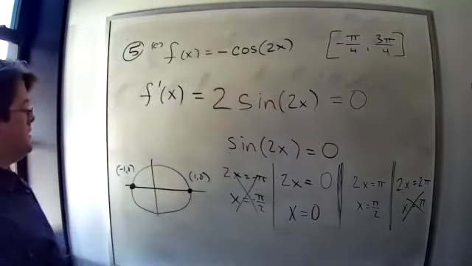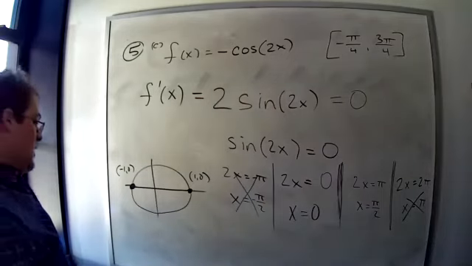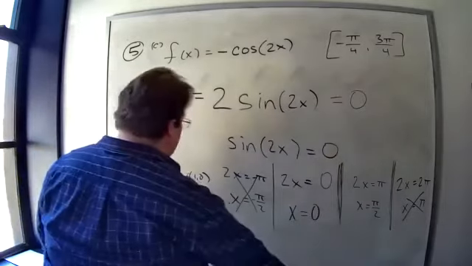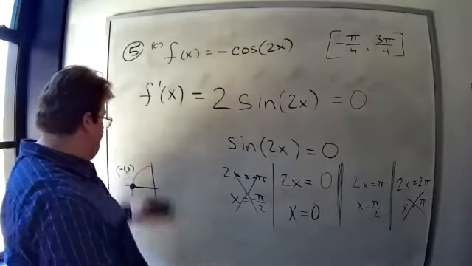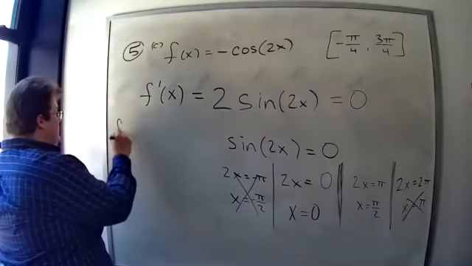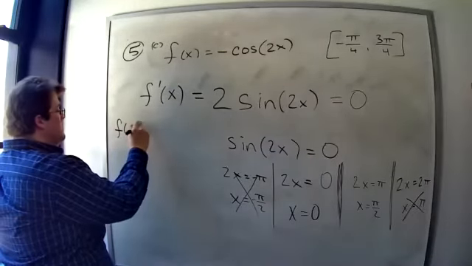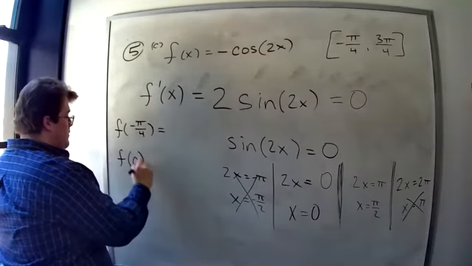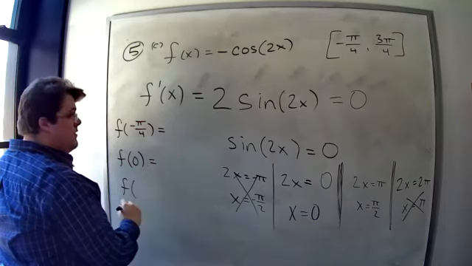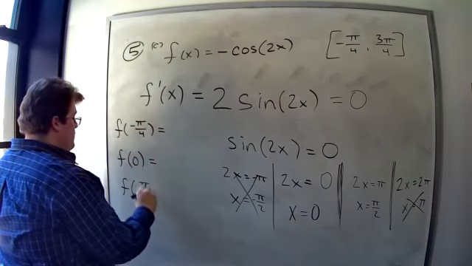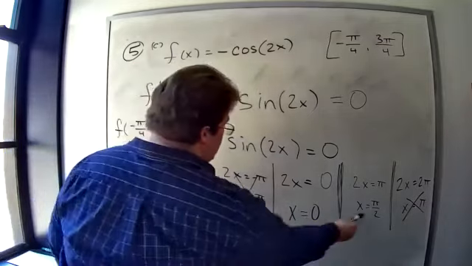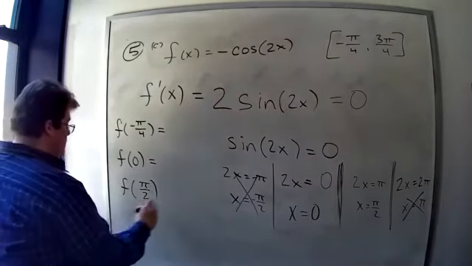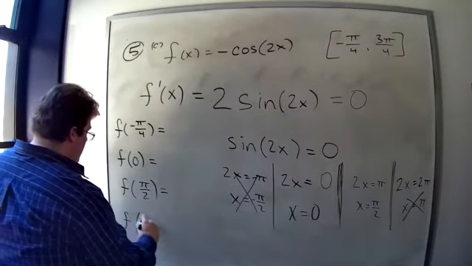So you don't need to consider that either. But we do need to consider these x values because they are within that interval. Oh, and that's never undefined because it's sine. So we have these two x values and our two endpoint values. And I always like writing them in order.